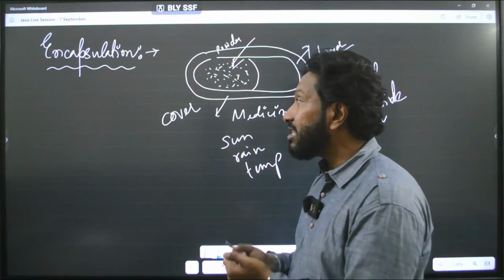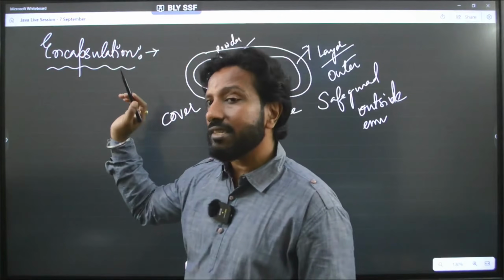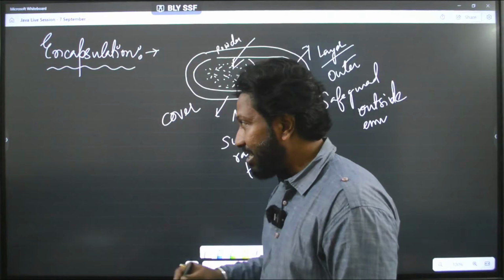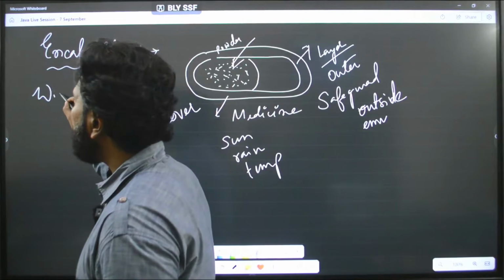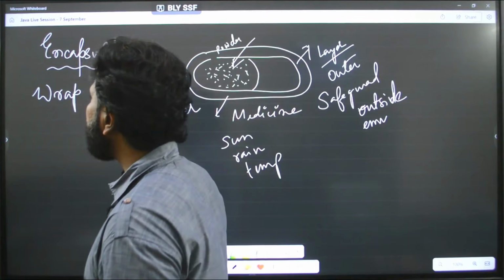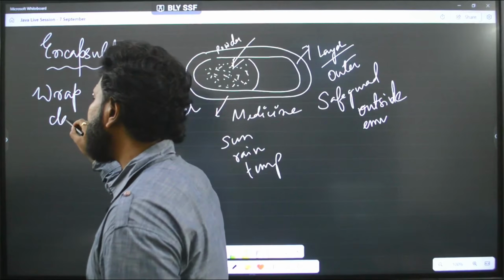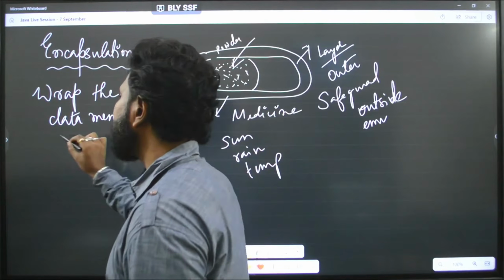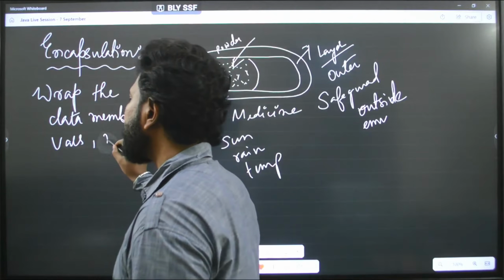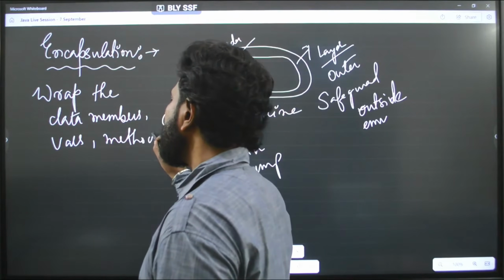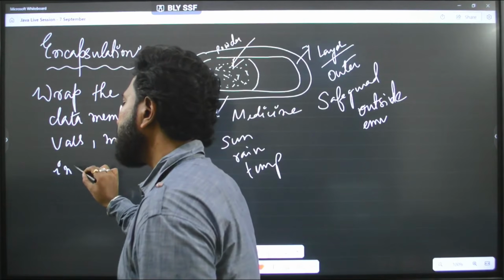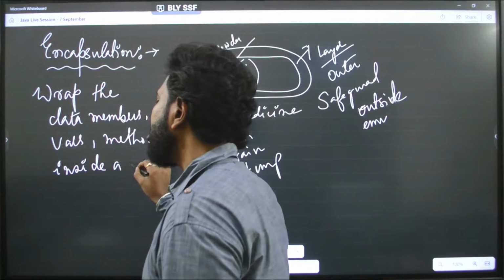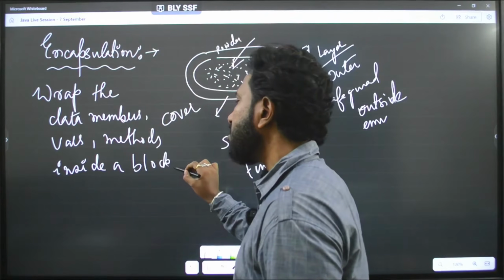You tell me. Similarly, encapsulation says that we wrap the data members, the variables, the methods inside a block. Why?